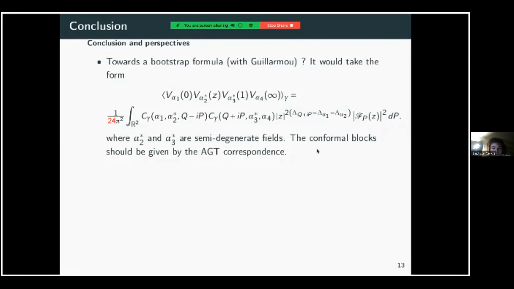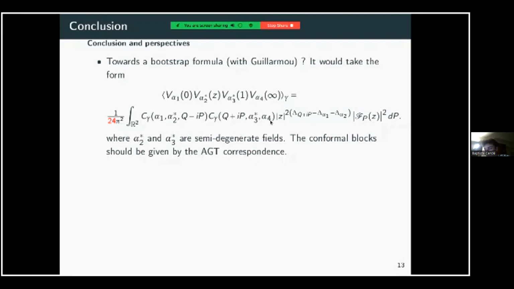And since alpha 2 and alpha 3 are semi-degenerate, these 3-point structure constants are indeed well computed. If you don't take alpha 2 and alpha 3 to be these semi-degenerate fields, then it is not clear at all that such a formula would hold.